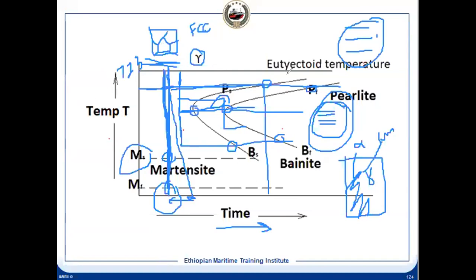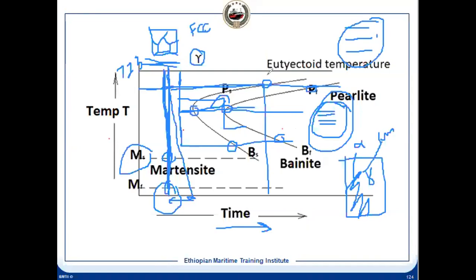So after case hardening and all, I'll come to the complete iron carbon diagram and explain it. You will see it is the same diagram. Cast iron is also a steel. The only thing is that the carbon content is high.